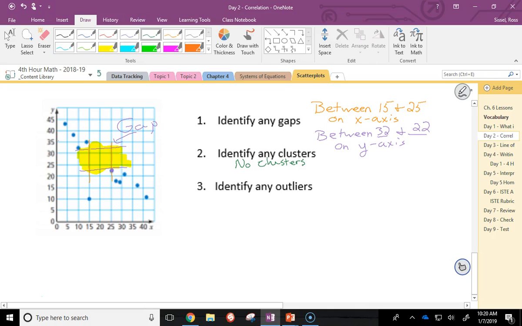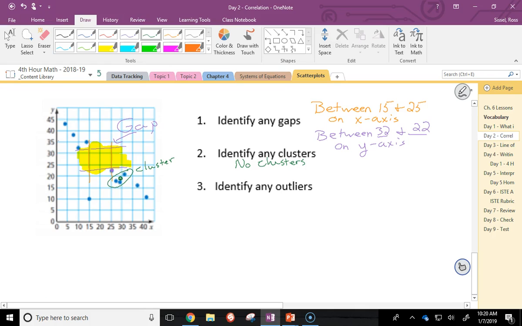If we were to say this was a cluster, if you wanted to say that, you would say there's a cluster around, and you give the coordinate point. It looks like right in here, so you'd say there's a cluster around 27, 18. Remember, it's not an exact thing, but you're saying right around 27, 18. X is 27, 18 is my y. There's a cluster right around that area.